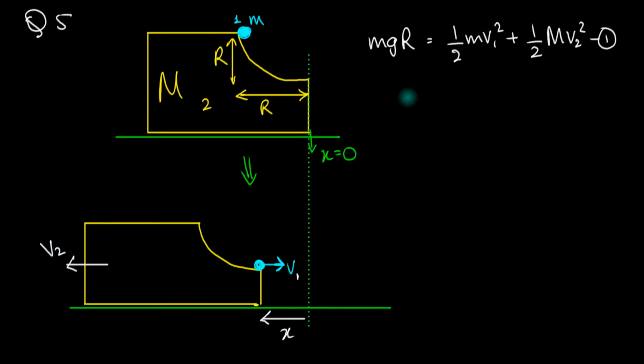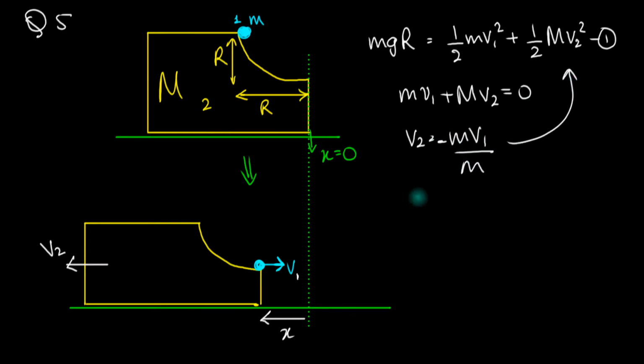We also know that m times v1 plus capital M times v2 should be equal to 0. So I could substitute for v2 as minus m v1 divided by capital M, and see what we get.